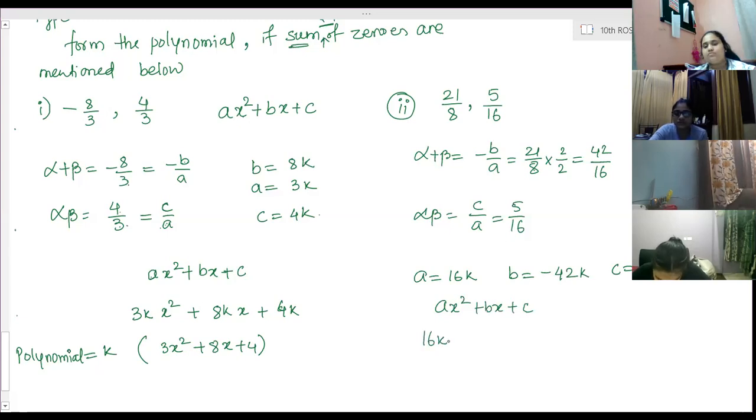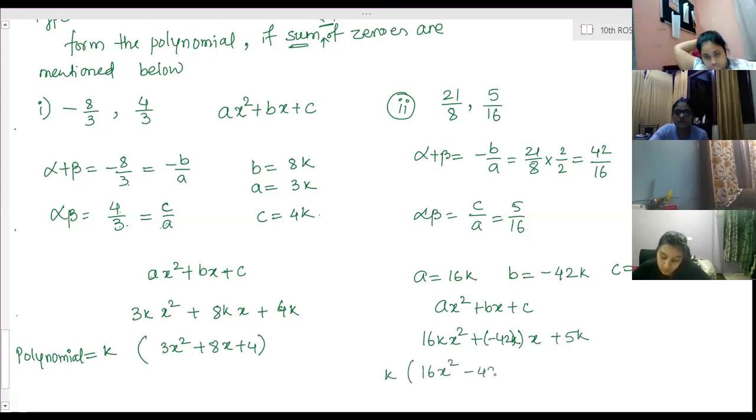So 16k x square minus 42k x plus 5k. Take k common: 16x square minus 42x plus 5. This is the polynomial.